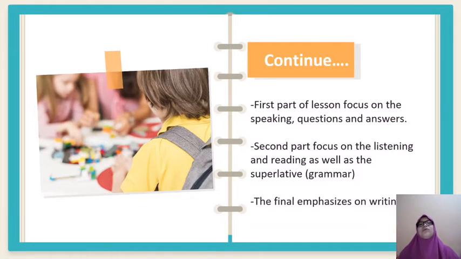Before they start the reading, I show them flashcards. The flashcards are chosen randomly, not based on the closest planet or the farthest planet. It's just to give them an idea about the solar system itself, what consists in the solar system.